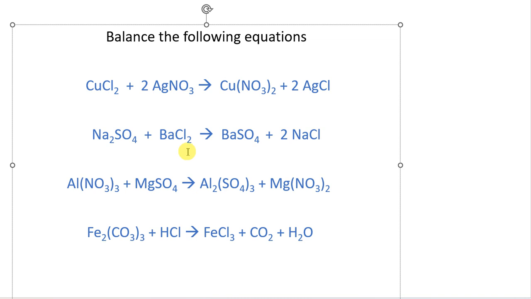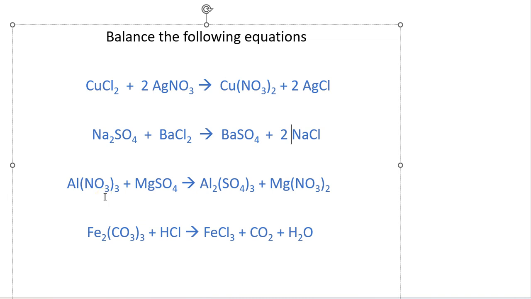And now, lastly, BaCl2, 2 Cl's, 2 chloride ions, and because I've got 2 NaCl, I have 2 on the right also. Often with an equation like this, the last element we look at is already balanced because of coefficients we put in.